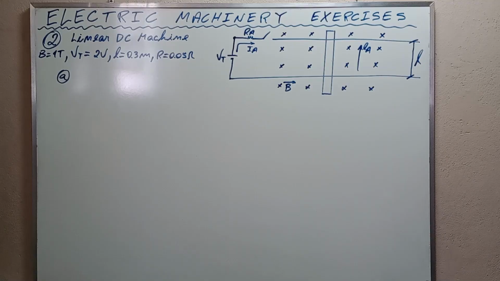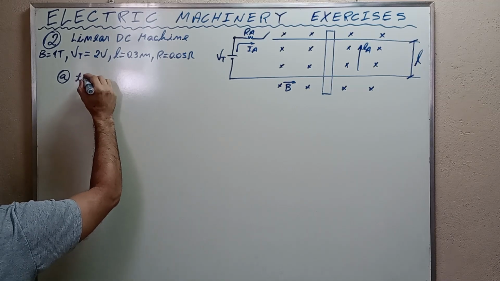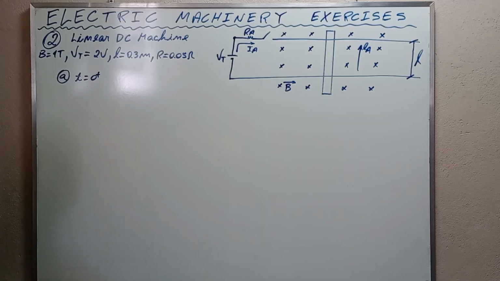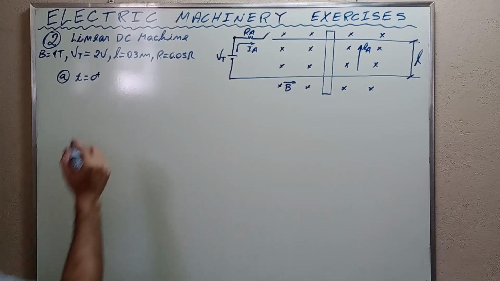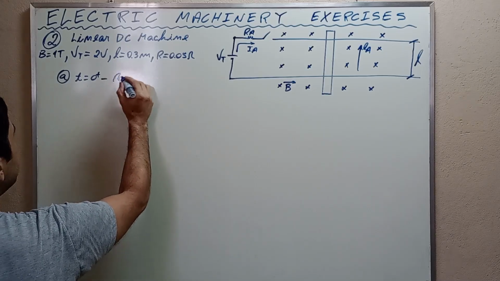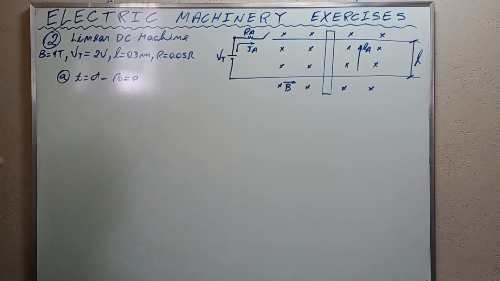Immediately after the switch is closed, the velocity is 0. For t equal to 0 plus, immediately after the switch is closed, v, the velocity, is equal to 0, okay? The bar is still stationary, and the induced voltage on the bar is equal to 0.